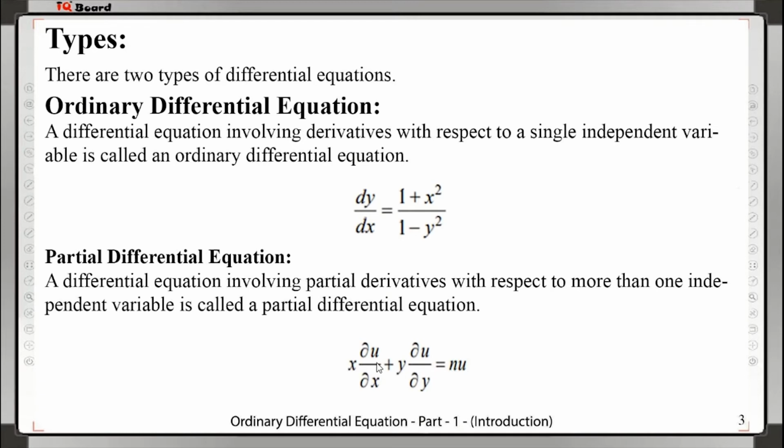Here we see u is dependent variable and x and y are independent variables, and del u by del x is known as partial derivative with respect to x, and del u upon del y is partial derivative with respect to y. So such type of differential equation is partial differential equation.